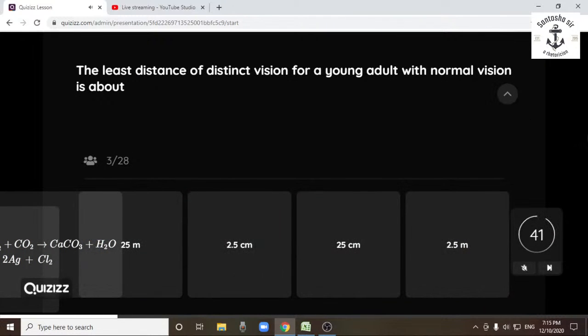The least distance of distinct vision for a young adult with normal vision is about. 5 seconds.